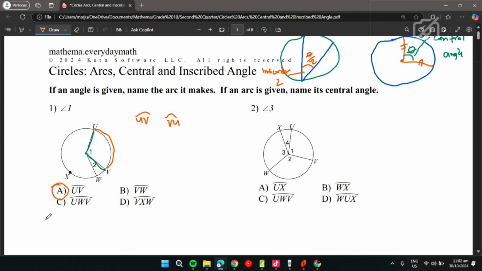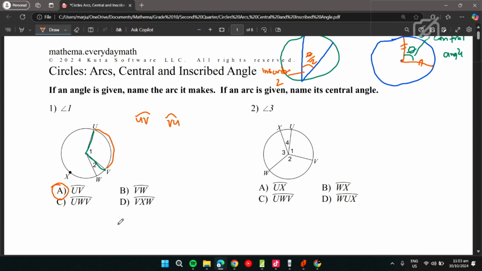Alright? Now, maybe you're wondering, why is it that A has 2 letters and then letter C has 3 letters? What do you think? Ano kayang kaibahan ng A and C? Meron tayong arc UV and then sa letter C we have arc UWV. Good. Alright? Umikot sa kabila. So pag umikot sa kabila, that is actually what we call a major arc.